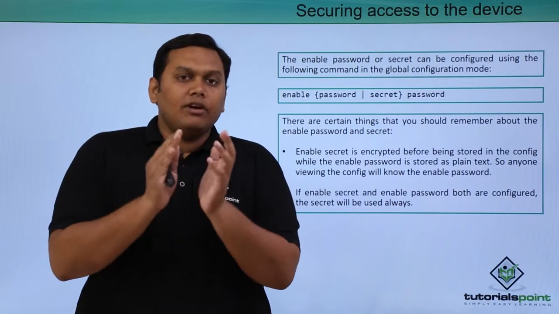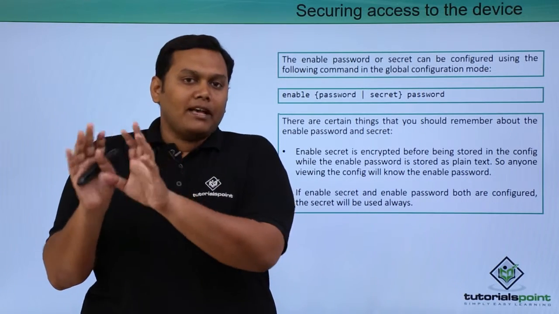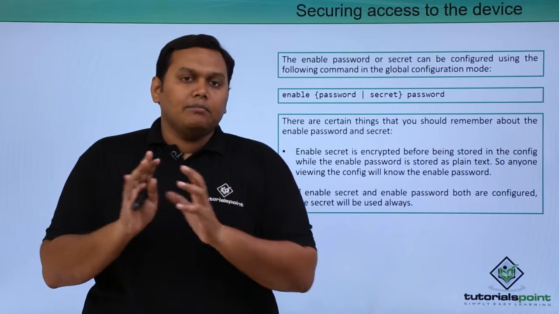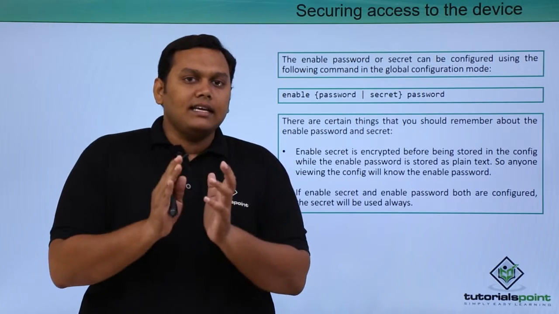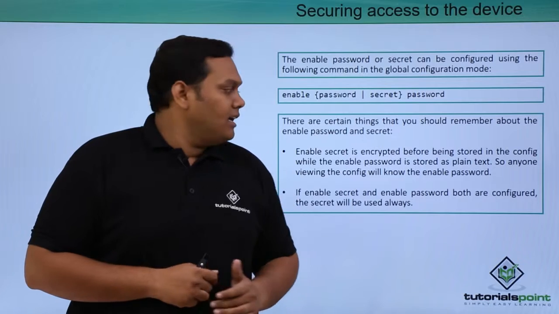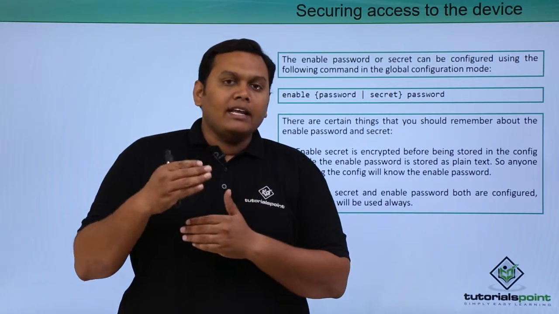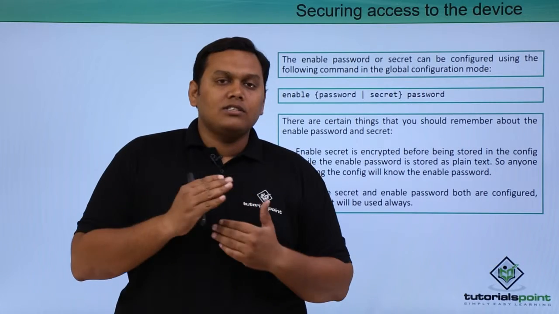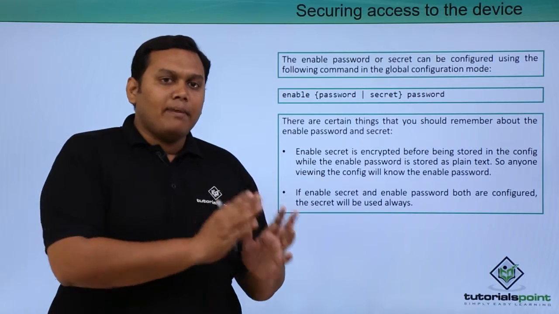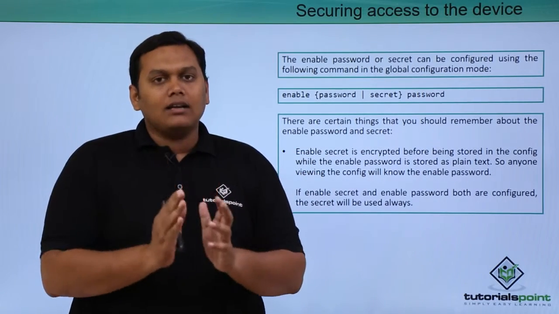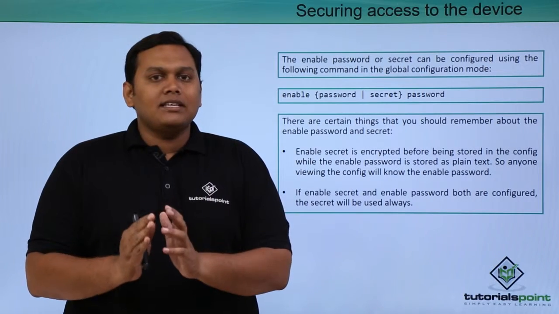So when you enter enable password, it is in plain text, but enable secret is encrypted in the configuration file. If anyone accesses the configuration, they will know the enable password, so that is not secure. And if enable password and enable secret are both configured, only enable secret is taken as primary.